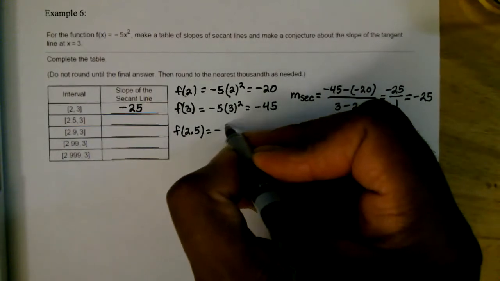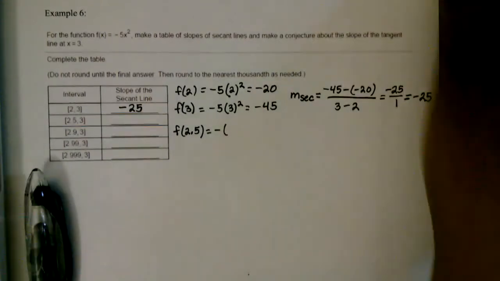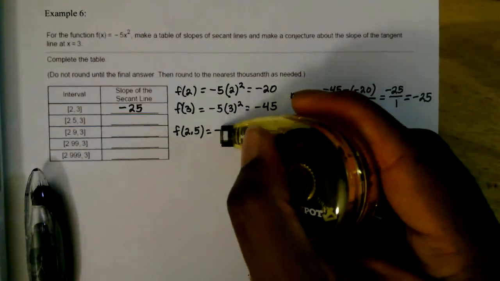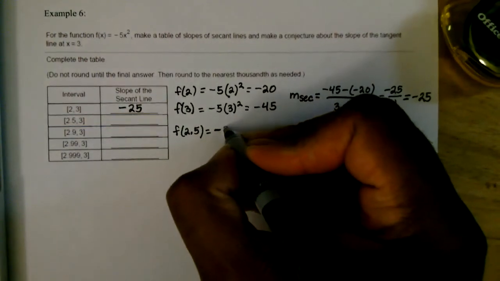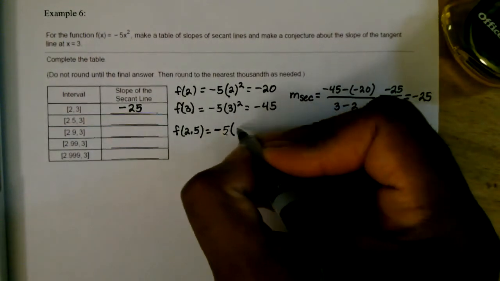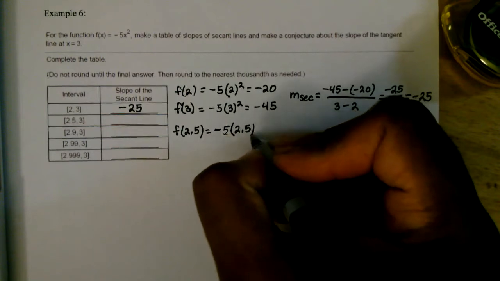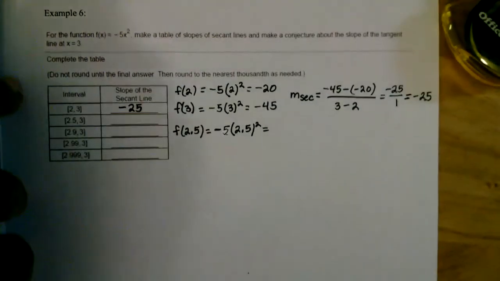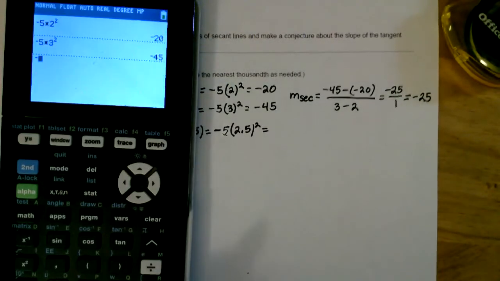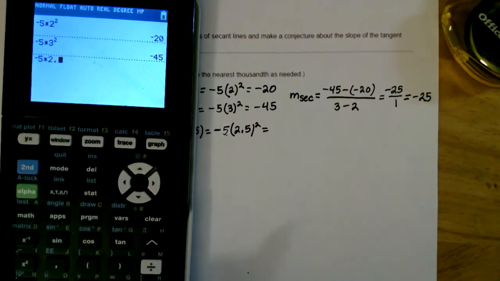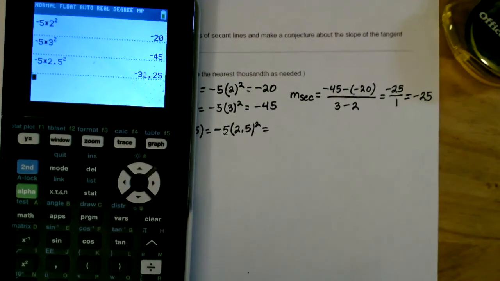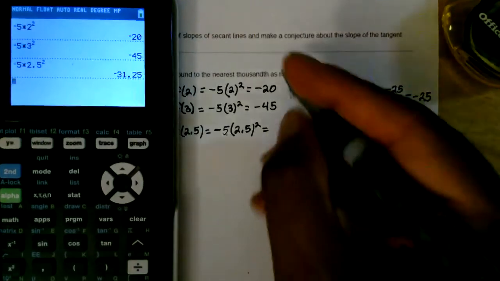So here we're going to have -5 times x, which is 2.5, and that's squared. So -5 times 2.5, and we square it, it will be negative 31.25.